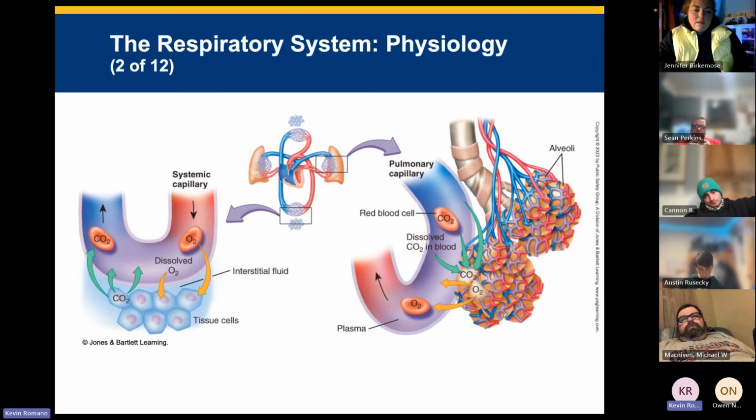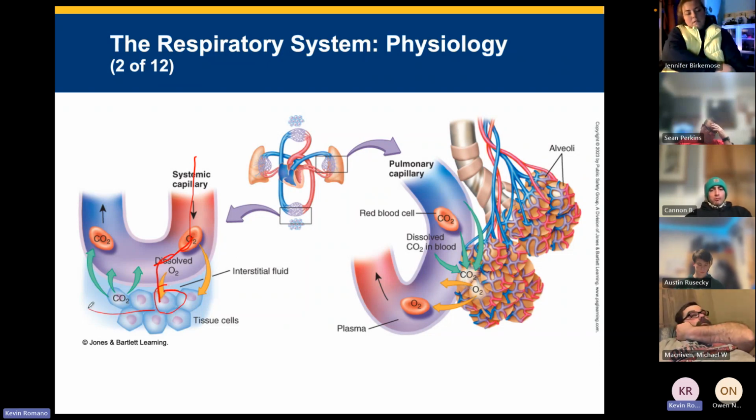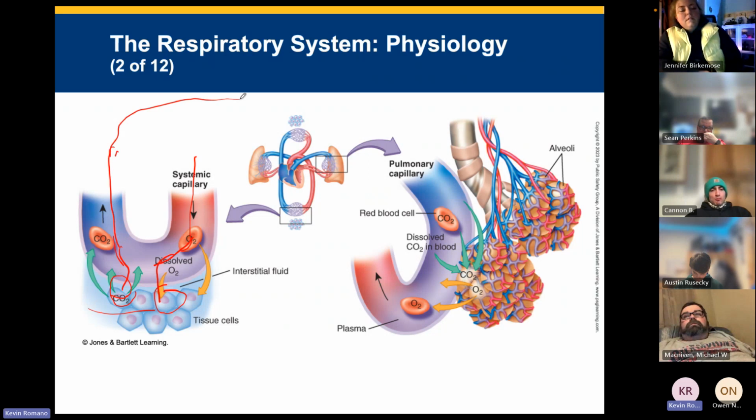This is where we exhale. So oxygen comes in, dissolves into the tissue cells, which then pass it around through the bloodstream. The bad stuff, carbon dioxide, comes out and is exhaled through the lungs and out through the mouth, as you can see here looking at the pulmonary flow.